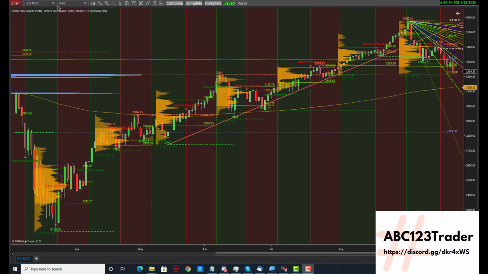On the ES daily, what I want to show you is how powerful some of my indicators are every time I have a different phase in the market. So there are buy signal times and sell signal times. I'm saying this is a buying area, selling area, buying area.